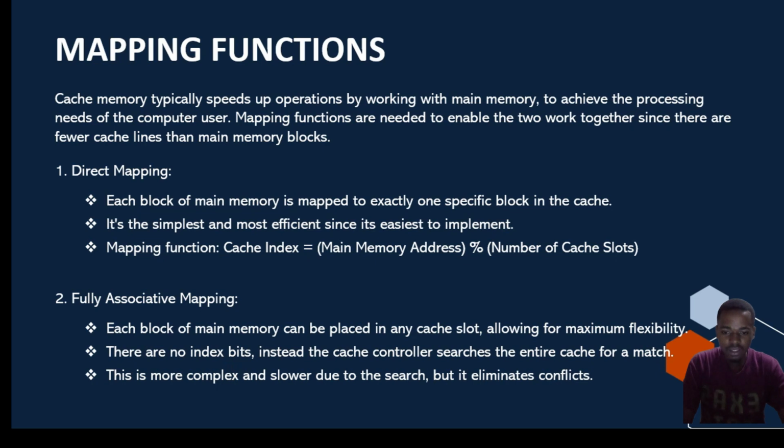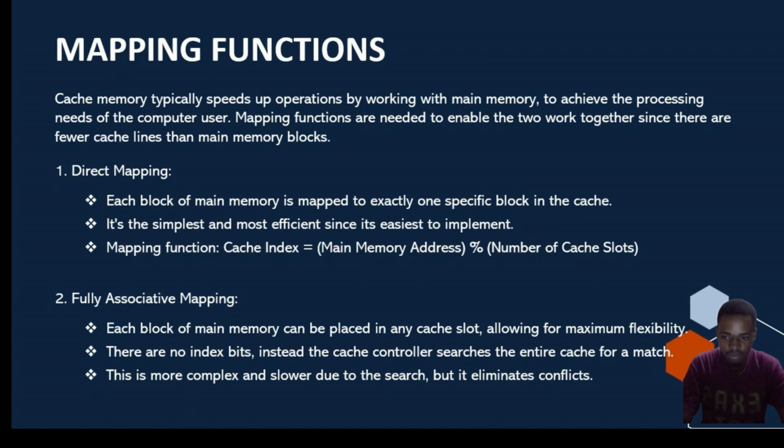The main memory address is the address to which the data you want to access belongs within the main memory. The number of cache slots represents the total number of slots or entries in the cache.